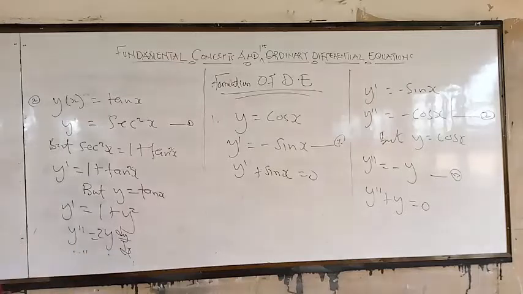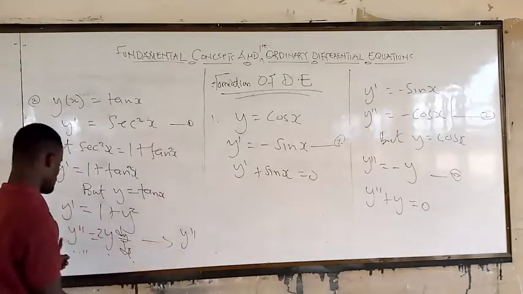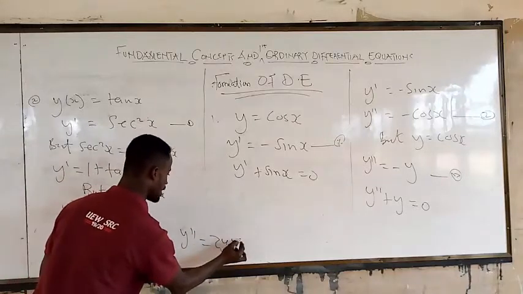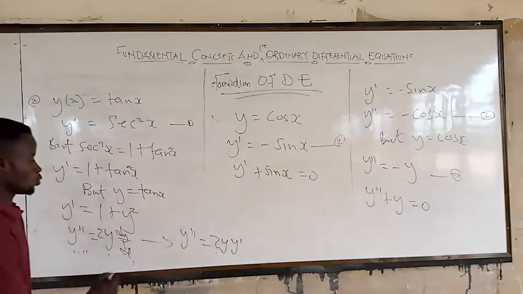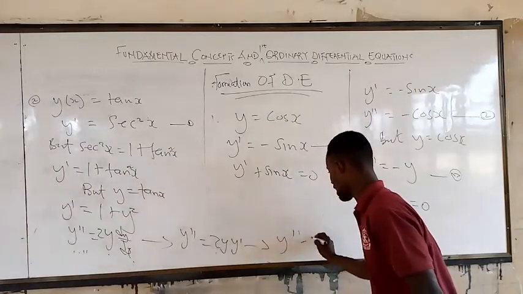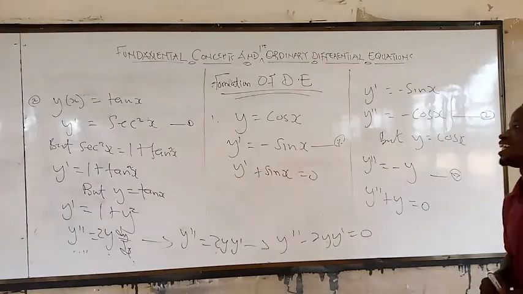So it's implicit. And somebody too can choose to rewrite this as y double prime is equal to 2y prime, which is the same as y double prime minus 2y prime is equal to 0. So I hope you understand it.